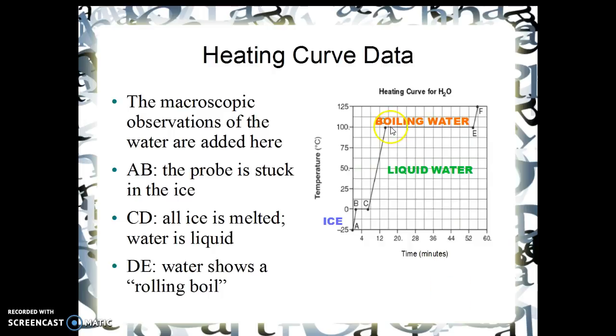And then between D and E, as that temperature stays the same, you have what we call a rolling boil. Bubbles of steam are forming throughout the water, and it really doesn't matter where it is, there's going to be some bubbles close by. You did not observe the area EF because if the experiment was conducted properly, you stopped before all the water boiled away.